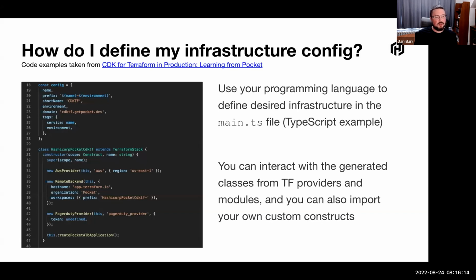Moving on to actually defining our infrastructure configuration in the application. This is where we're using our language of choice to define that infrastructure. We're going to use the generated classes that the CDKTF get and provider add operations have generated for us. And also this is where we'll import and use any custom constructs we may have defined.